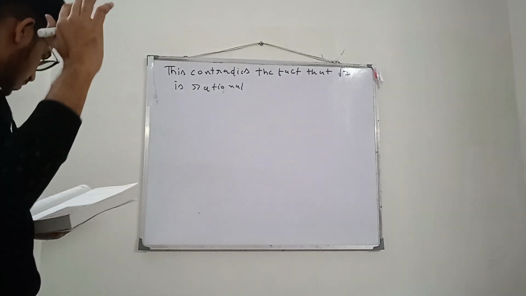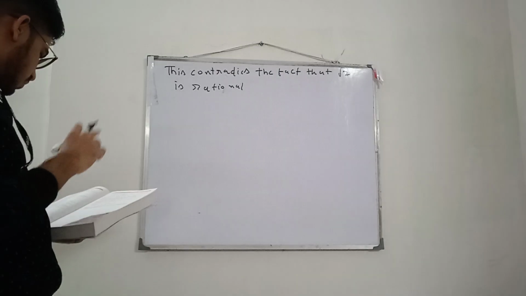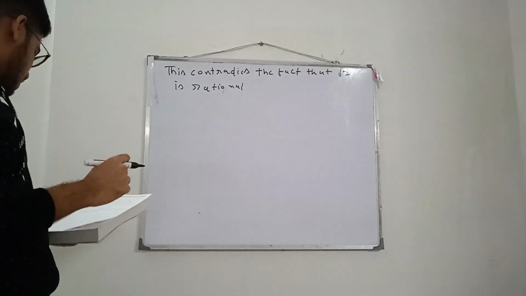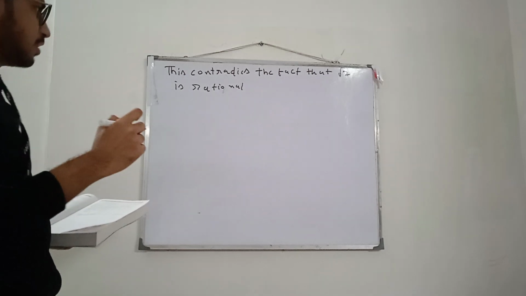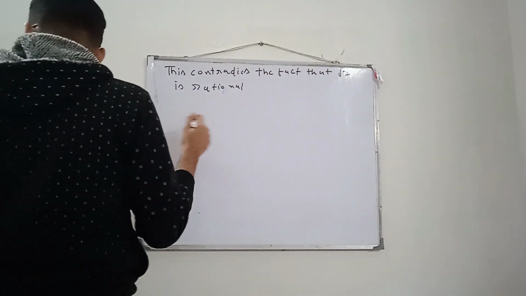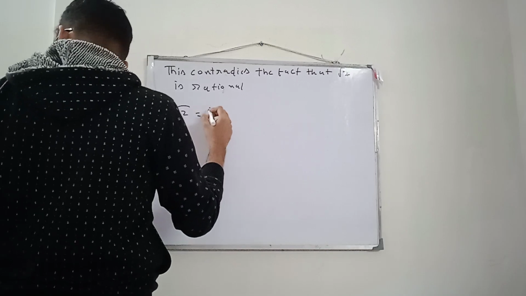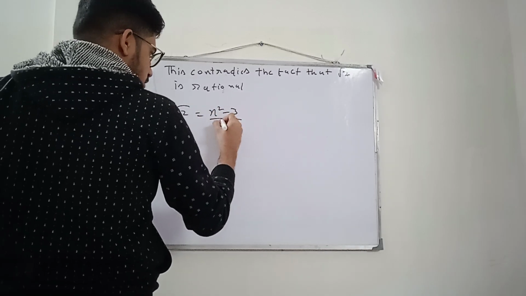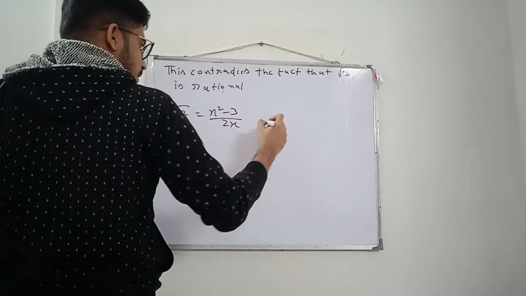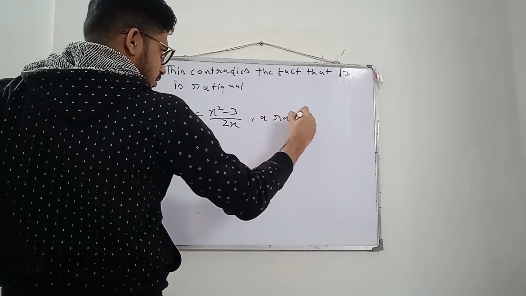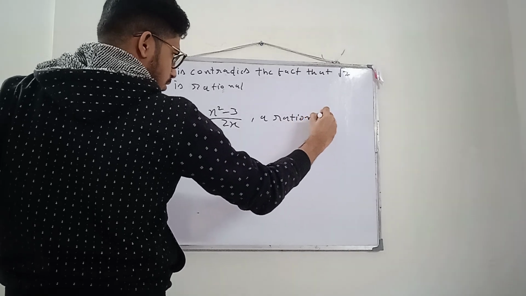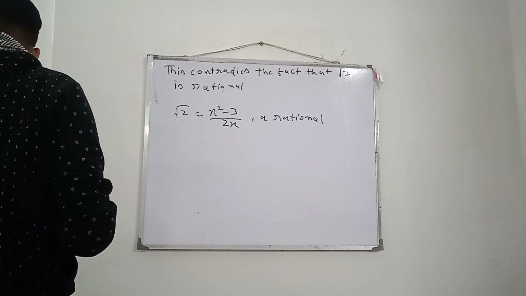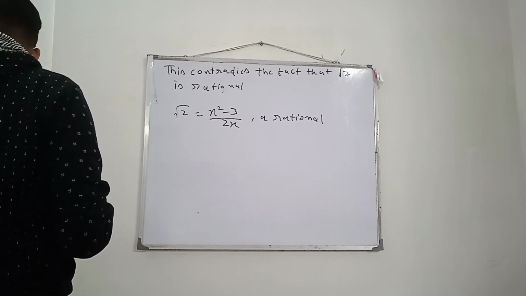In our previous line we have written that root 2 is equal to x square minus 3 by 2x, a rational number. So this contradicts the fact that root 2 is rational.